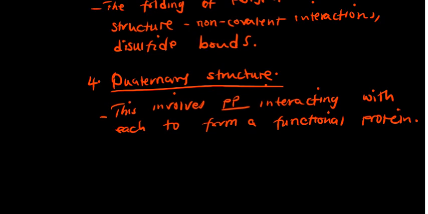So for example here we have an example of a protein that we can find here. So we have like hemoglobin.